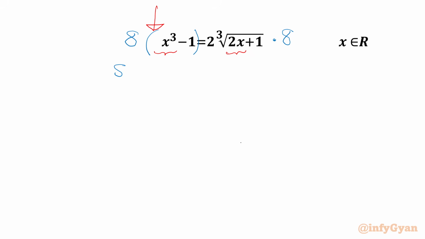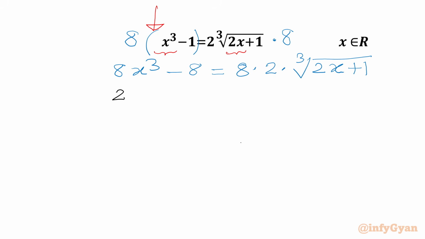Now we can write the equation 8x cube minus 8 equal to 8 times 2 times cube root of 2x plus 1. Now we have 8x cube. We know that 8 is 2 cube, which we can write as 2 cube x cube.